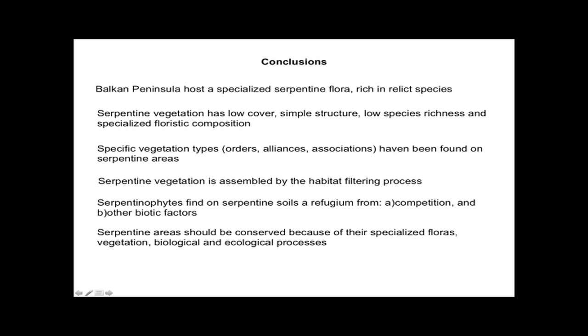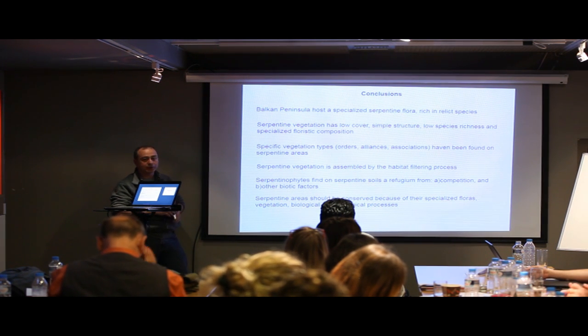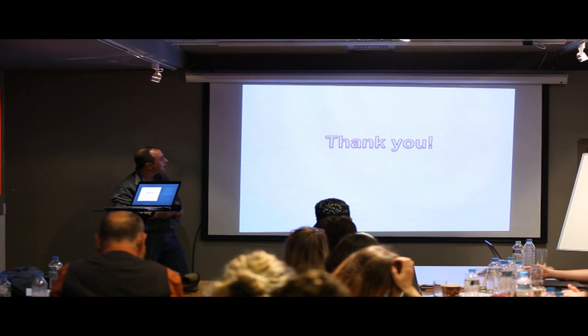And actually, serpentinophytes find on serpentine soil a refugium from competition and other biotic factors, and not some specific nutritional requirements. And finally, serpentine areas should be conserved because they have a specialized flora, vegetation, and some very characteristic and important biological and ecological processes. And this is the end of the presentation.